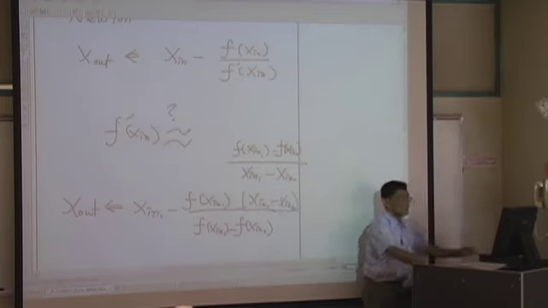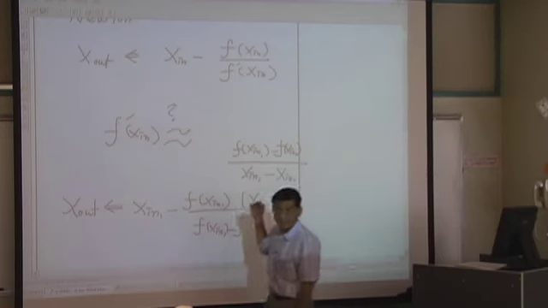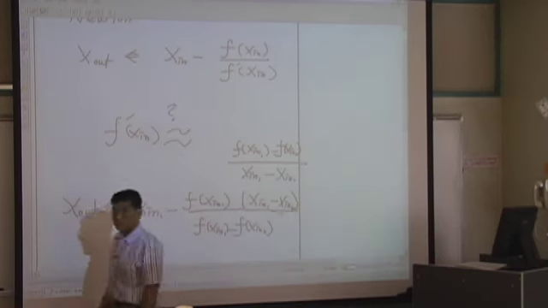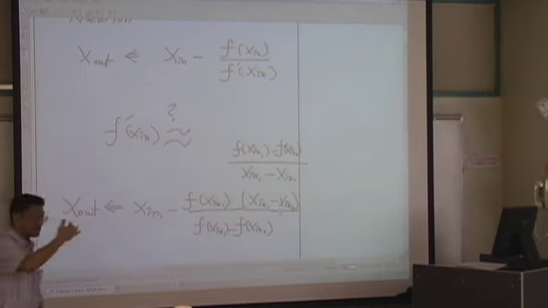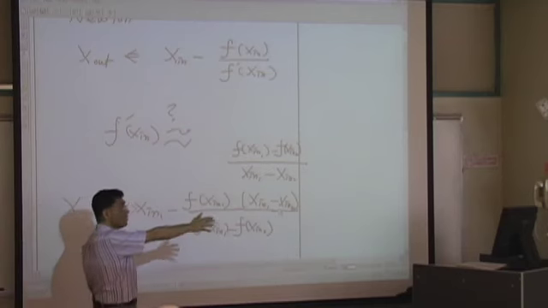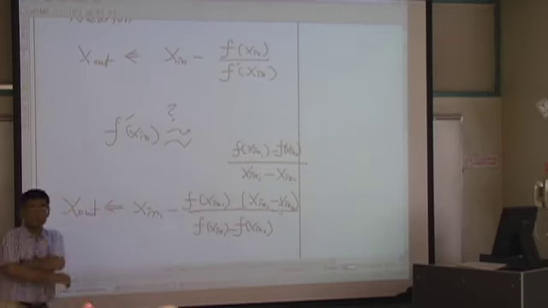So this is the secant method. So Newton's method and the secant method have the same origin, even though the formulas look very different.